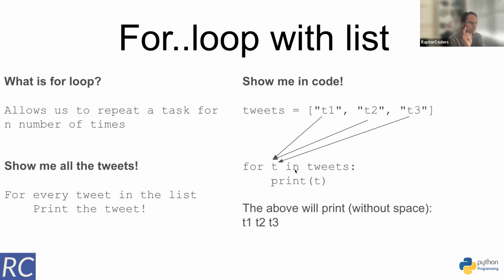Now, there is one thing that we need to remember: every time the loop iterates over the list, the T changes its position. T becomes T1 at first, then T becomes T2 in the second run, and T becomes T3 in the third run, so that we know where the loop is pointing at this point, right?